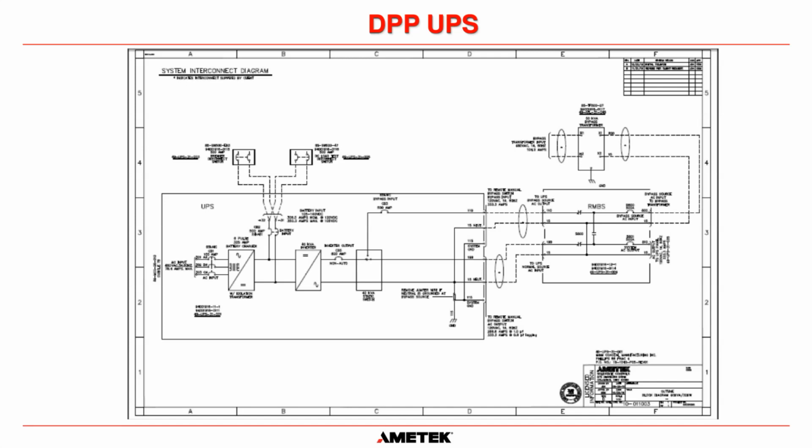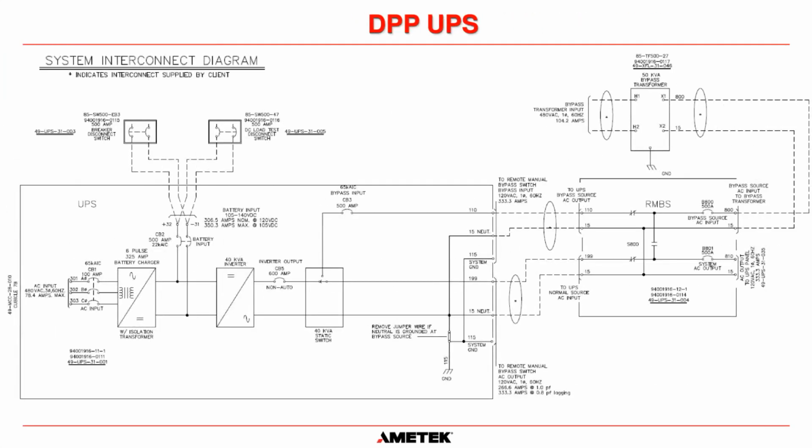Now this system here is our DPP system, which is our digital process power UPS, our more modern UPS. It is the PWM, the pulse width modulated UPS. Once again, this is the general arrangement for this particular customer.